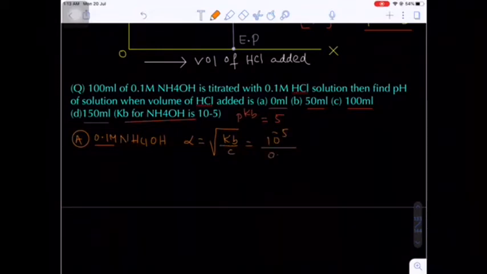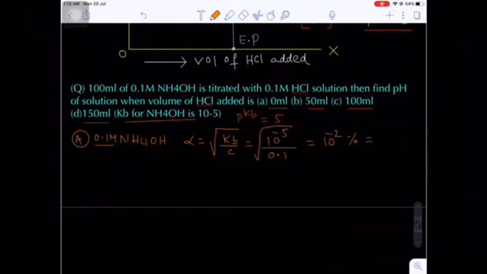So I am applying alpha is equal to under root of Kb by C, where Kb value is 10 raised to minus 5, divided by the concentration of the weak electrolyte 0.1, under root. This is nothing but 10 to the power minus 2. This is 0.01. Are you getting my point?